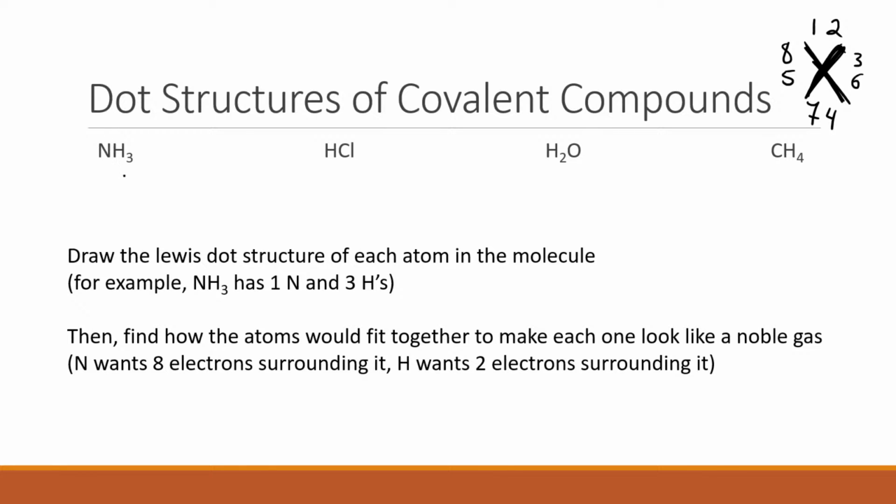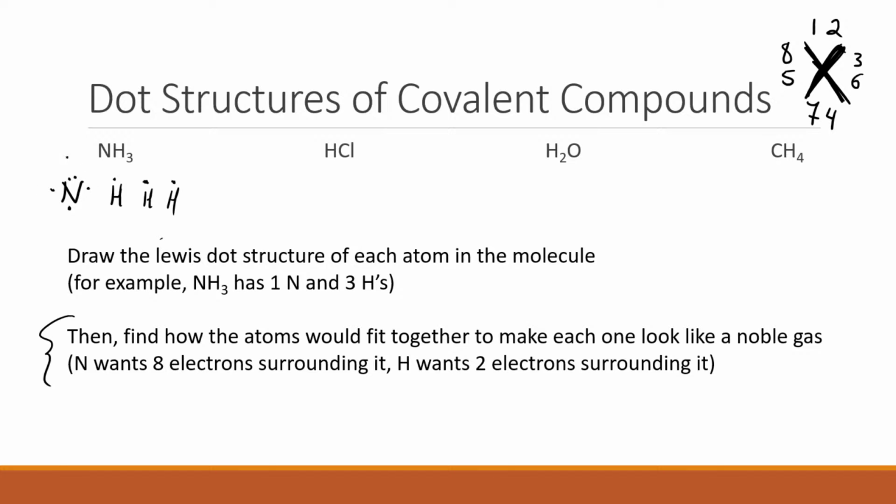The goal when drawing a compound is to write the individual atoms and their Lewis dot structures. And then you want to try to find a way to connect our pieces together to make every electron look like a noble gas, to make every atom stable.